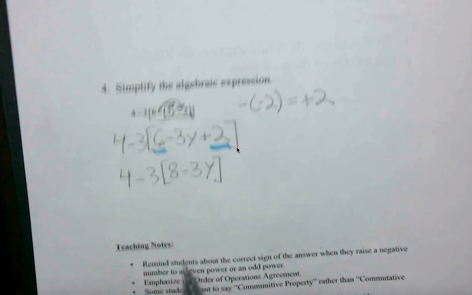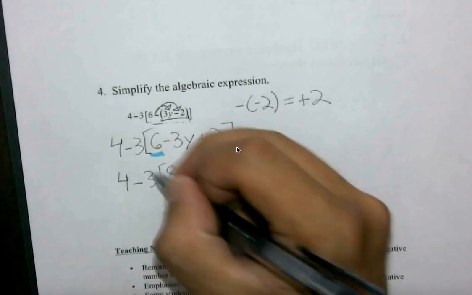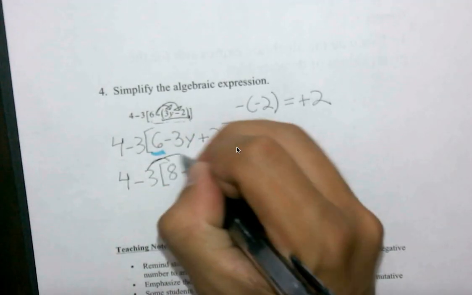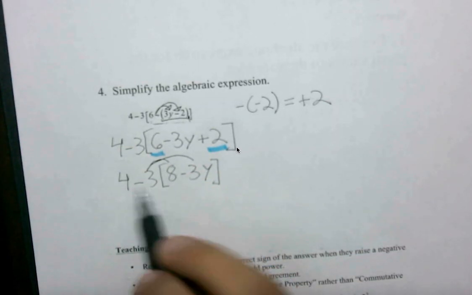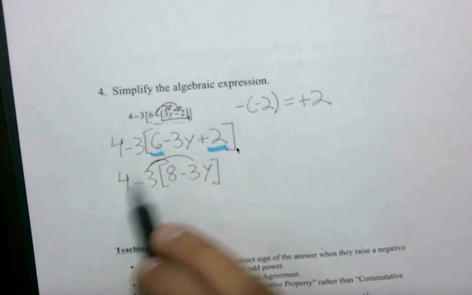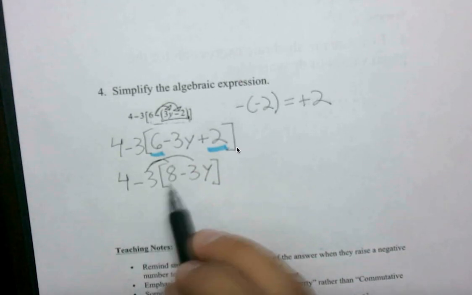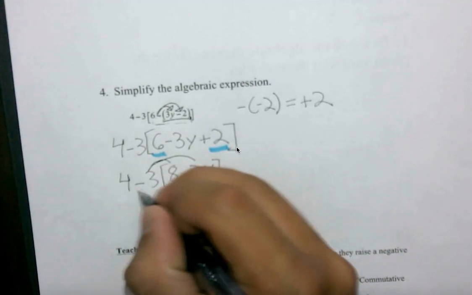So with 3 on the outside, hopefully you're thinking of distributing. Once more, if we are distributing the negative 3 to 8, I think this will make our life easier. So notice negative 3.